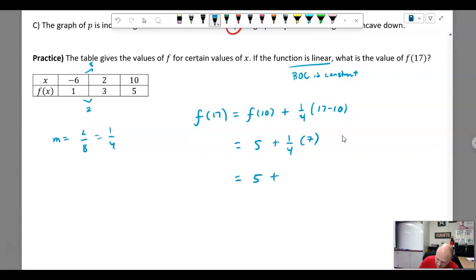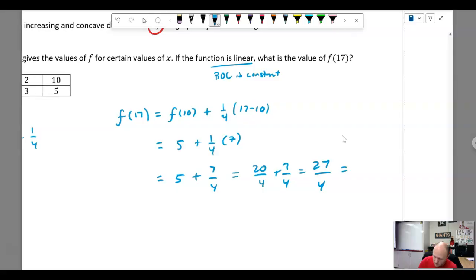So this gives me 5 plus 7 fourths, which gives us 27 over 4, which is almost 7. I guess we get 6 and 3/4. I like 27 over 4. There you go.